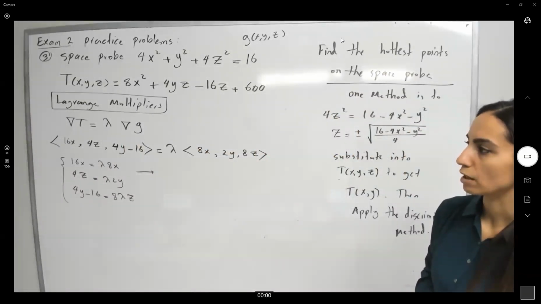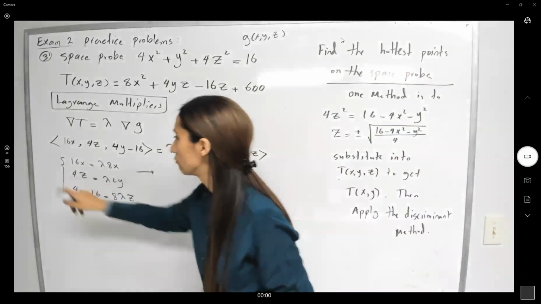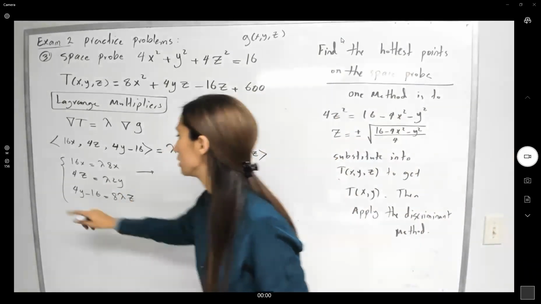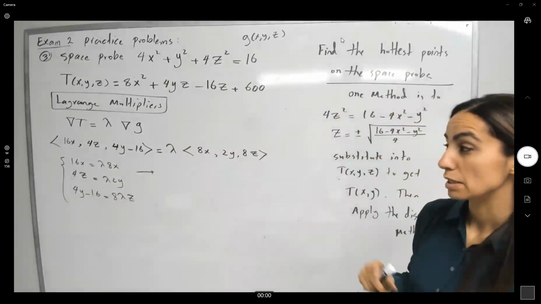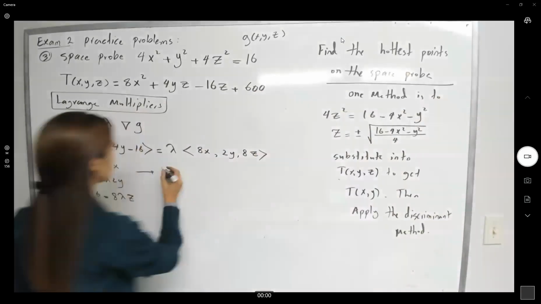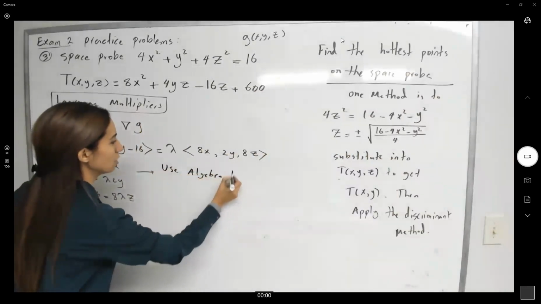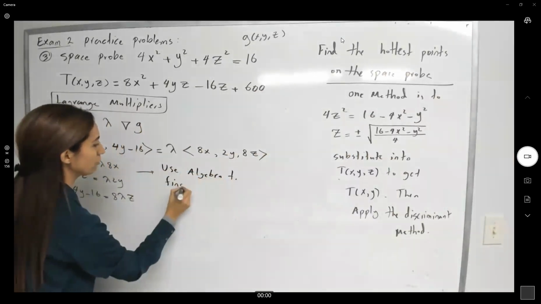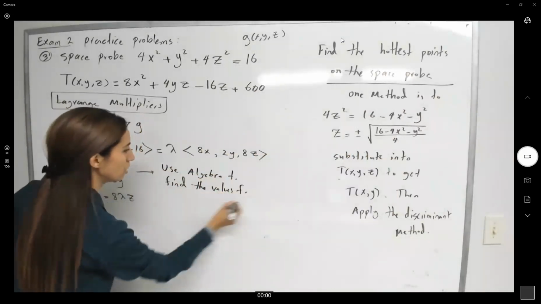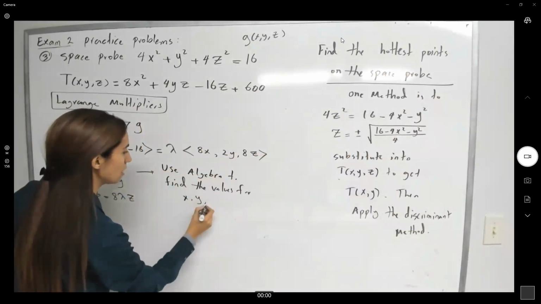Here, if you plug in lambda as 4z divided by 2y, then you can plug that in here and try to see if you can find a relation between y and z. So use algebra to find the values for x, y, and z.